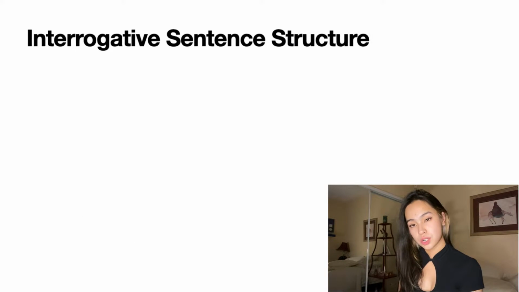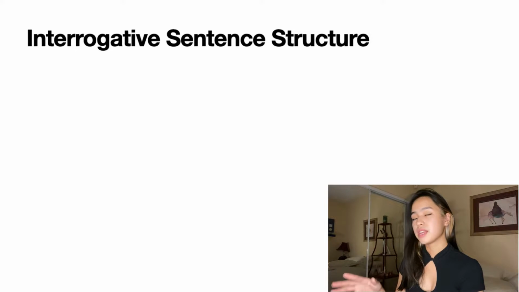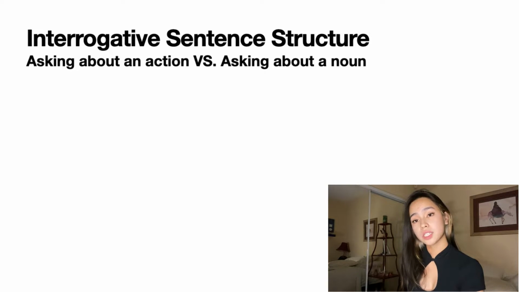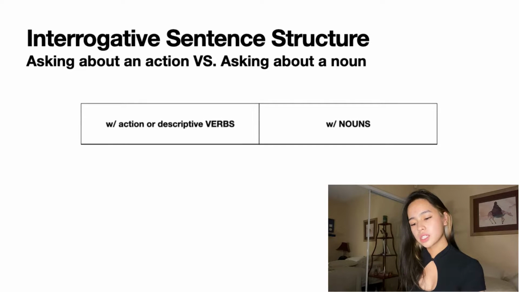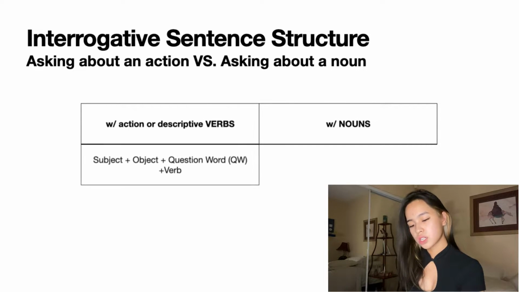Now we'll talk about the structure of interrogative sentences. The placement of the question word depends on whether you're asking about an action or you're asking about a noun. Alright? So with action or descriptive verbs, the structure is usually subject, object, question word, then verb. Alright, as you can see here, the question word comes before the verb, just like an adverb would.